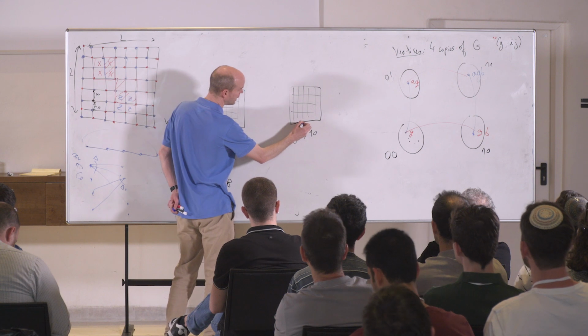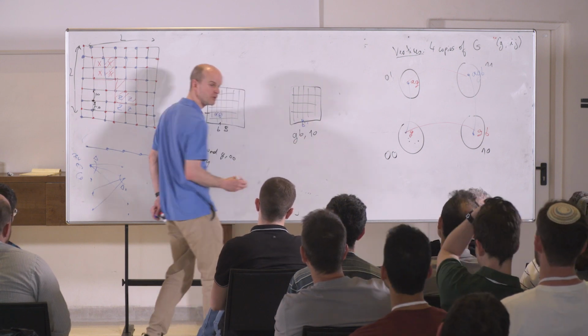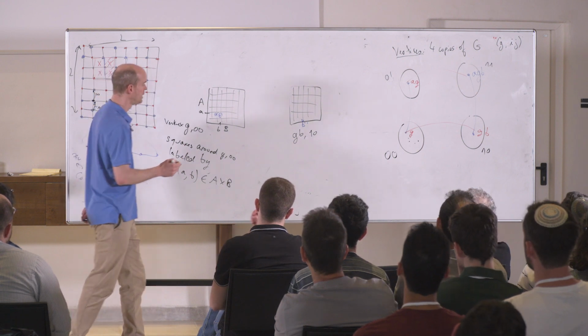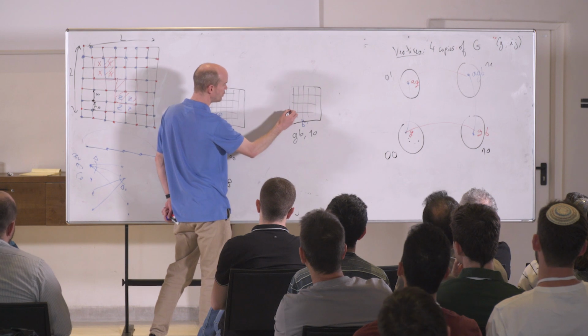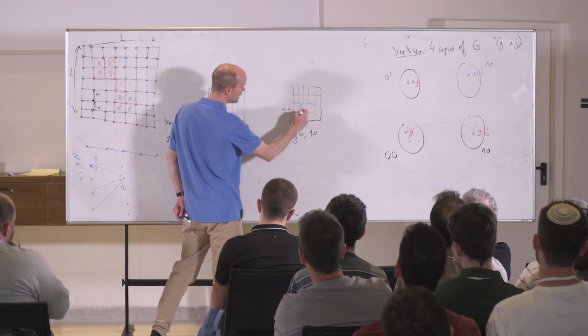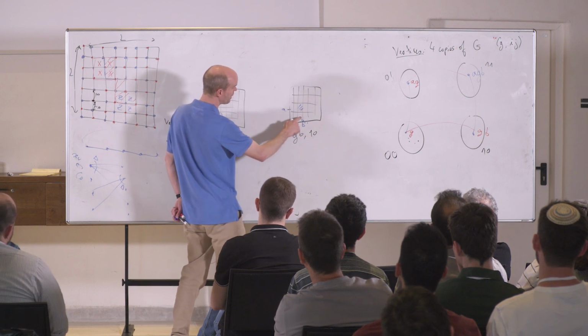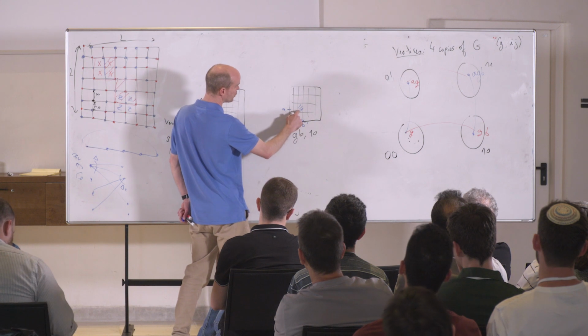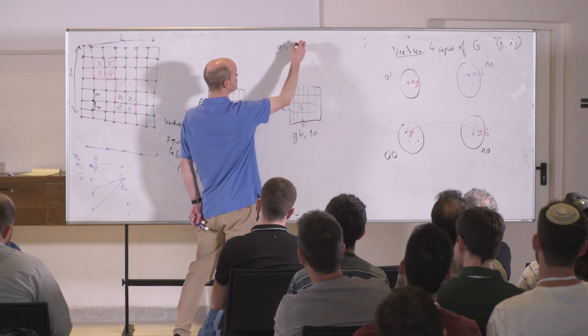Here, if I look at the column B minus 1, so the inverse of B, in that column, if I look at row A, I will have a square. What will be the square here? It will be the square that contains GB in 1, 0.